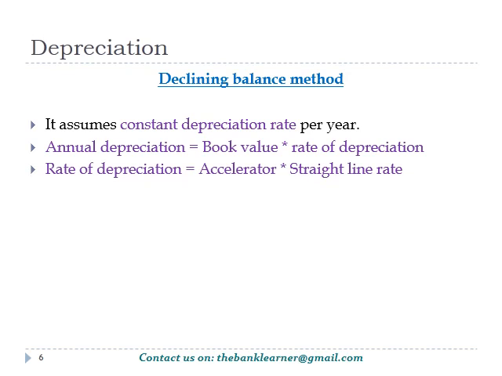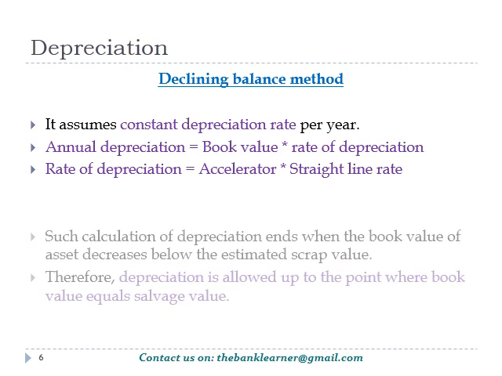If not, it is determined by multiplying accelerator with straight line rate, where accelerator is a multiplication factor that accelerates depreciation, such as 150%, 200%, etc. And straight line rate is the depreciation rate determined with the help of straight line depreciation method.